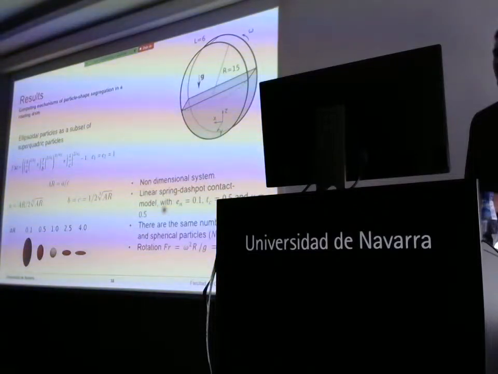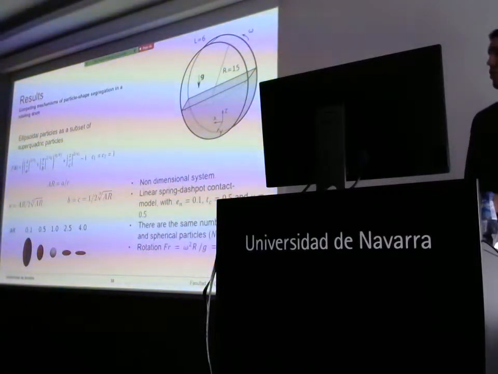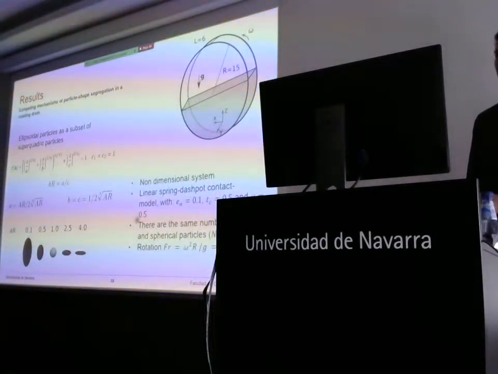We have set as a first model the linear spring contact, as I said earlier, with the normal coefficient and the collision time, and lastly the coefficient of restitution is set to 0.5.